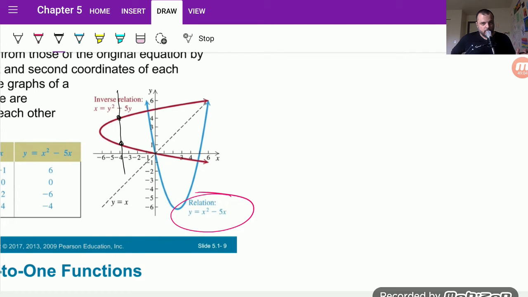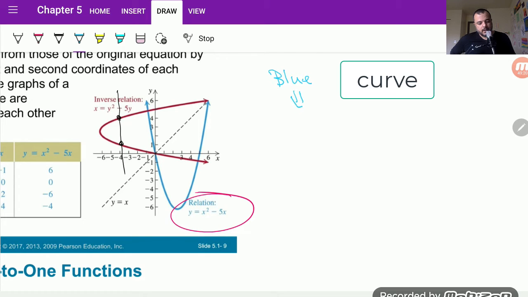So the blue function is a function. Is it one-to-one? No, not one-to-one.